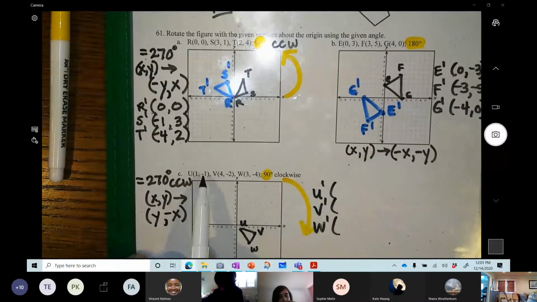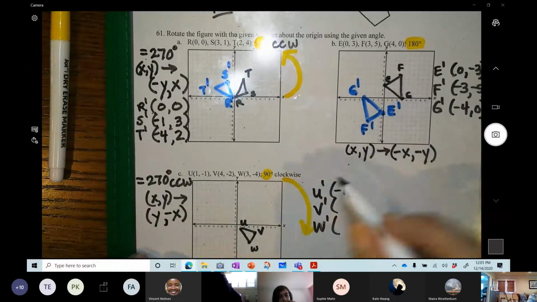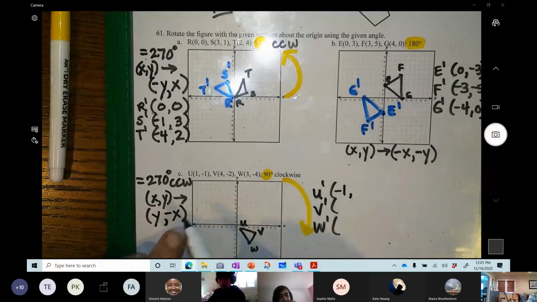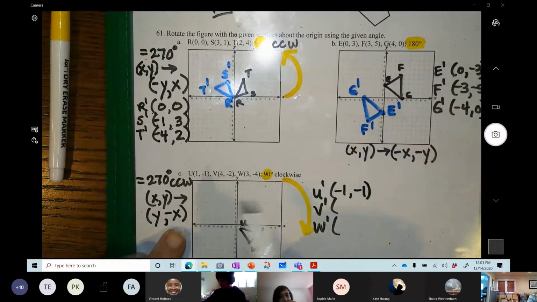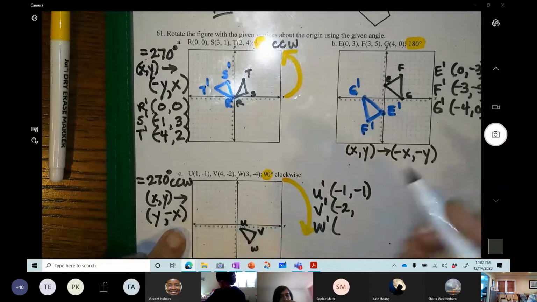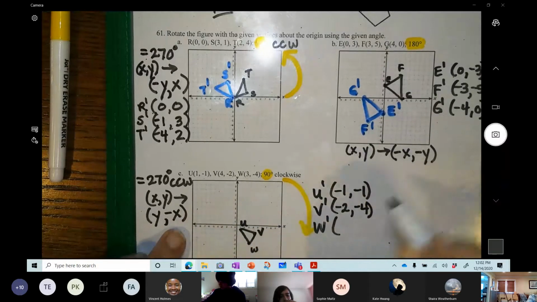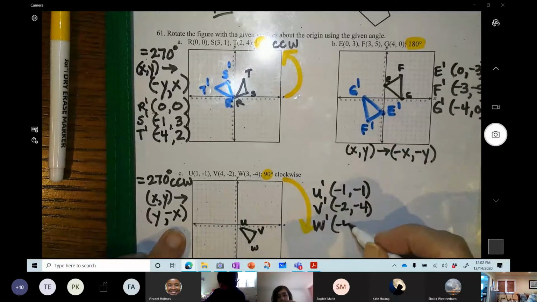Okay, so U is 1, -1. I'm going to swap them, which puts the -1 here, and then it takes that 1 and makes it negative. These I'm going to swap, so -2 goes here, and then the 4 turns negative. The -4 goes to the front for W, and then the 3 turns negative.